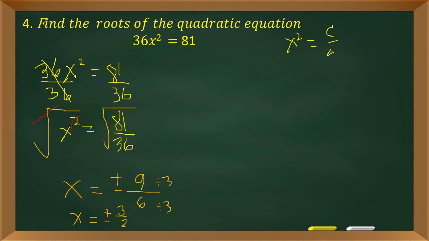So, we can say now that our x of 1 is equal to positive 3 halves, and so i-resin muna natin to. And our x of 2 is negative 3 halves.